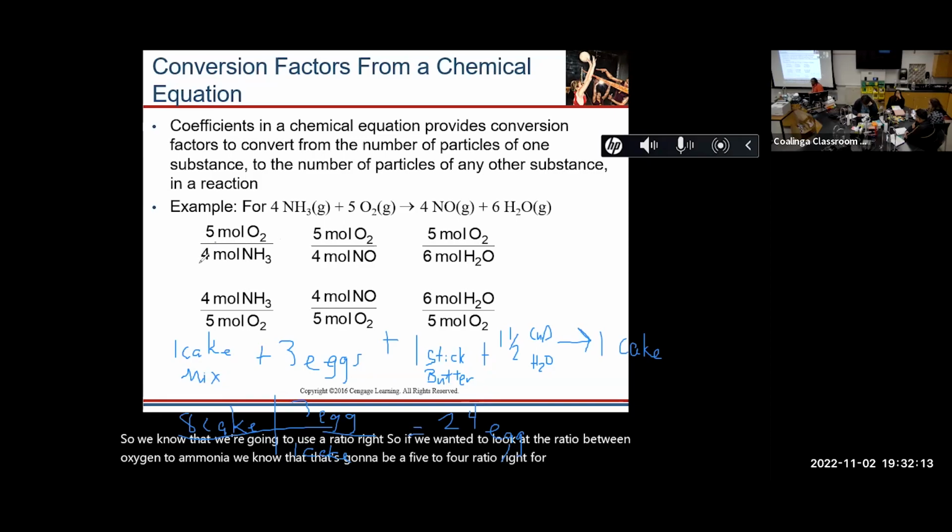For every 5 oxygens, we have 4 ammonias. Now we can use this equation and flip it around any way that we want to. We can come down here and say we have 4 moles of ammonia and then 5 moles of oxygen. We can compare the oxygen to the nitrogen monoxide, or we compare the oxygen to the water.